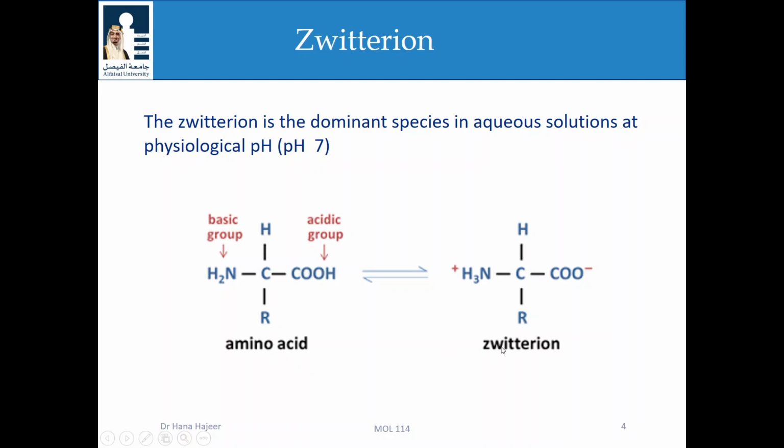What about the charge of the R? What do you think? Is it always uncharged? Who's clever, who took it in other courses, or who has read about it? We said at physiological pH, a free amino acid, not part of a protein, is going to have a negative charge on the carboxyl group and a positive charge on the amino group.